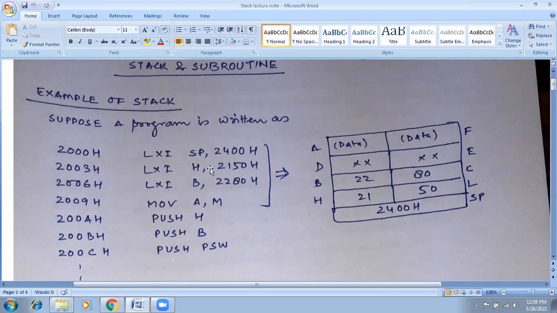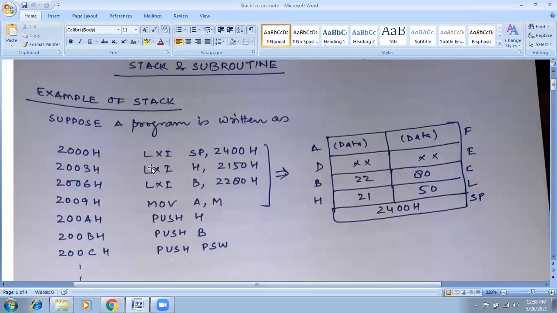Since this is also a 3-byte instruction, 2003, 2004, and 2005 will be consumed in writing the instruction. That is why the next instruction is written at 2006. That is LXI B 2280. This instruction will immediately load 2280 into the BC register pair. So the C register will contain 80 and the B register will contain 22.